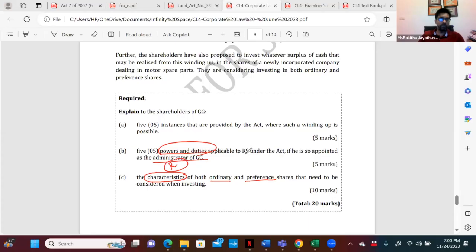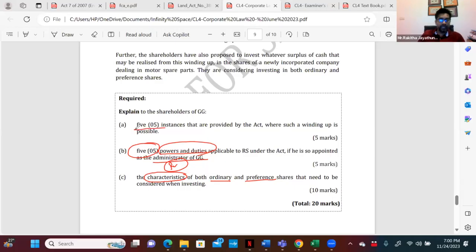They haven't asked any of those things. You have to list down 5 powers and duties. That's it. 1, 2, 3, 4, 5. You don't have to unnecessarily explain things that have not been tested here.